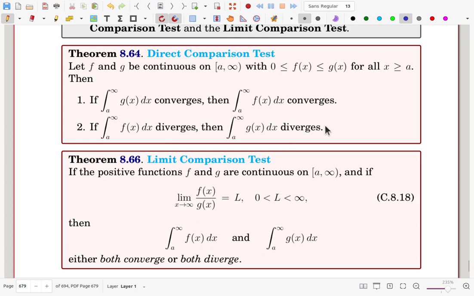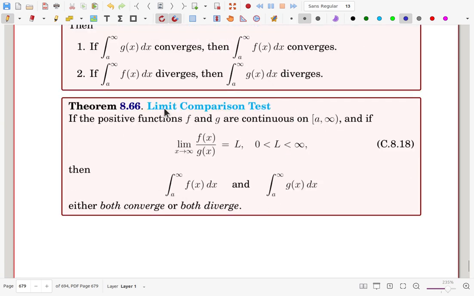Quite reasonable, right? And we have the limit comparison test. f and g are continuous, and we assume positive, over an infinite domain. If the fraction f over g has a limit L that is non-zero, positive, and finite, then these two either both converge or both diverge.